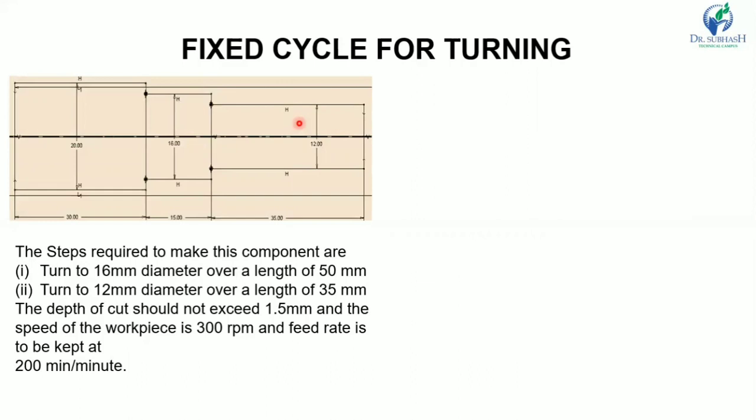The depth of cut should not exceed 1.5 mm, the speed of the workpiece is 300 RPM, and the feed rate is to be kept at 200, sorry, 200 meter per minute.